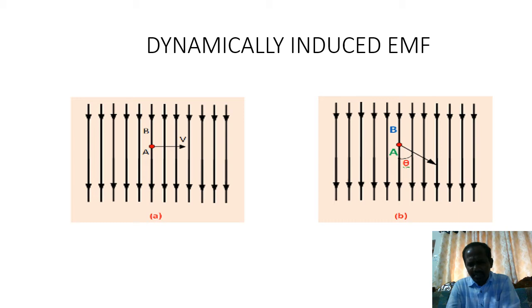In this condition it rotates clockwise through an angle theta. When it is parallel with the flux, no EMF is induced. When it rotates through this angle, the induced EMF is equal to B L V sin theta. We considered and calculated this.